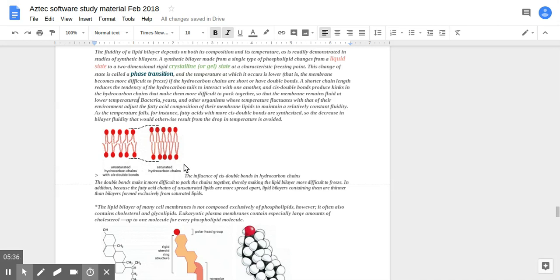The influence of cis double bonds in hydrocarbon chains is shown. The double bonds make it more difficult to pack the chains together, making the bilayer more difficult to freeze.